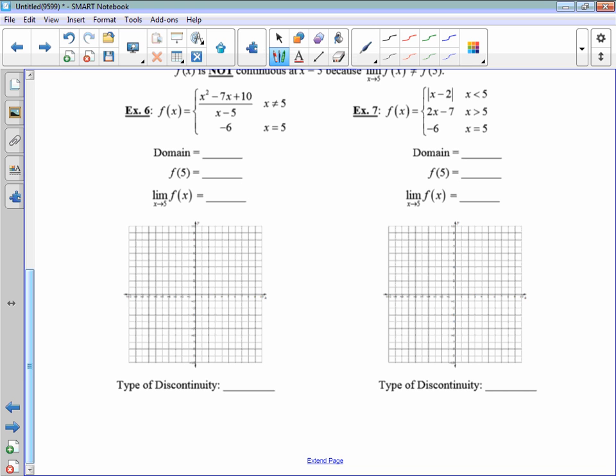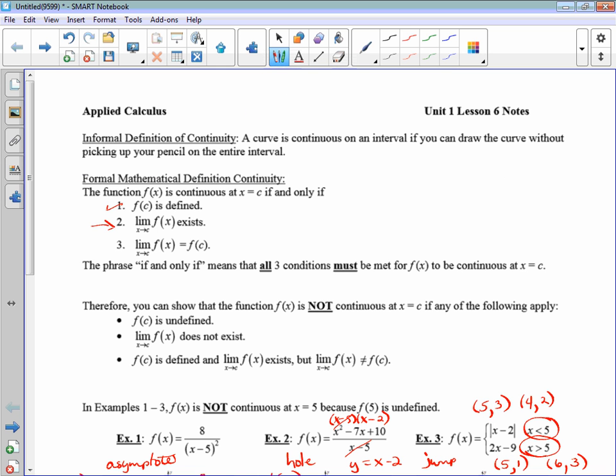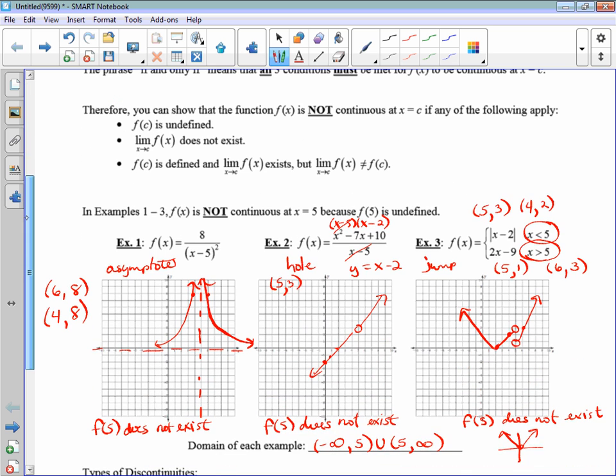Let's look at this. So we've got this x squared minus 7x plus 10. That looks a lot like this guy, right? Okay, and you guys have both on your page, right?